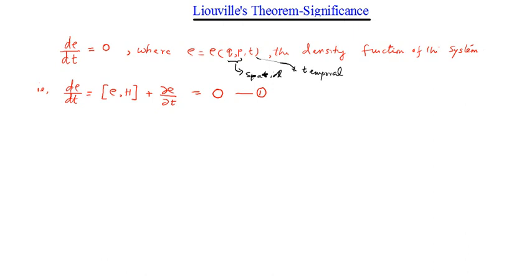So here let me just put it like this. In equation number 1, dou rho by dou t. What is this dou rho by dou t?